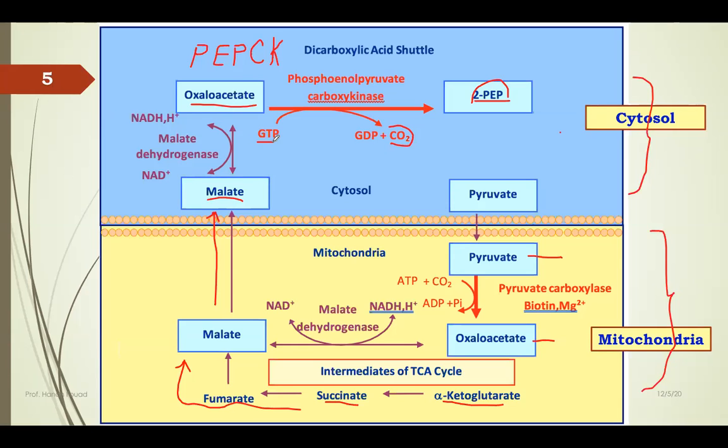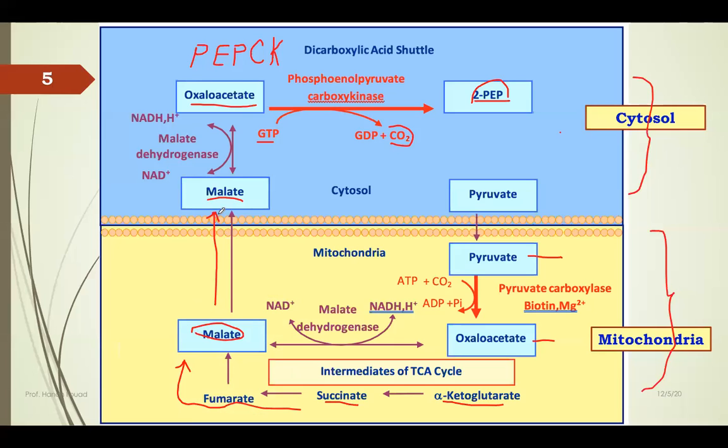All glucogenic amino acids can give us intermediate molecules of the citric acid cycle, such as alpha ketoglutarate, succinic acid, fumaric, malic, or oxaloacetic. In your book, the names of the amino acids which give these molecules of the citric acid cycle are written in amino acid metabolism. If you reach any intermediate molecule of the citric acid cycle, you can reach malic acid, or malate.